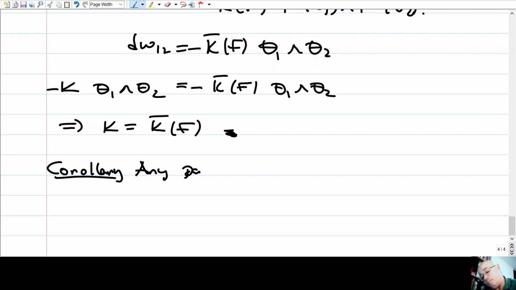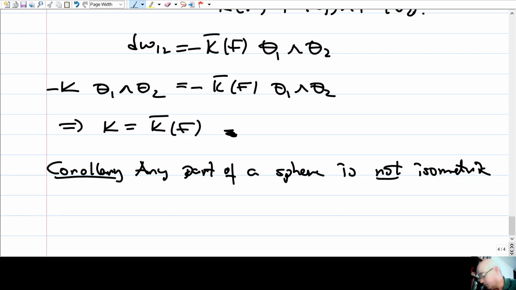Any part of a sphere is not isometric to any part of a plane. Why is that?